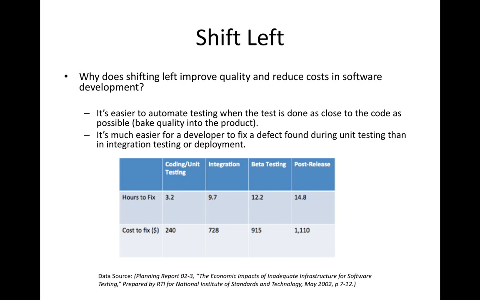Once that defect is released into production, it becomes very, very expensive to fix from a time and a cost perspective. And as somebody who's done development work for many years, I can tell you that once I've written some code and that code has been merged into the mainline branch of the repository and ultimately pushed out to a production system somewhere, I'm already working on the next feature.